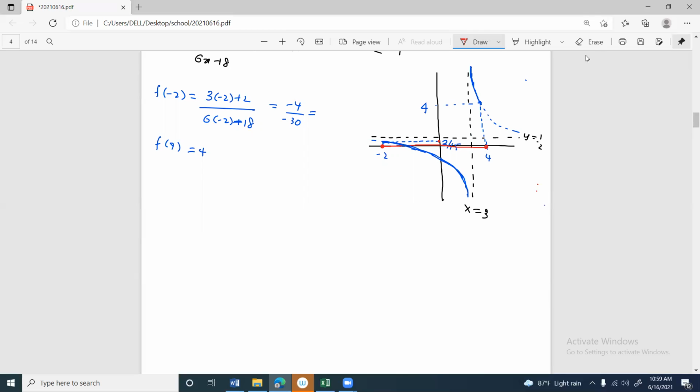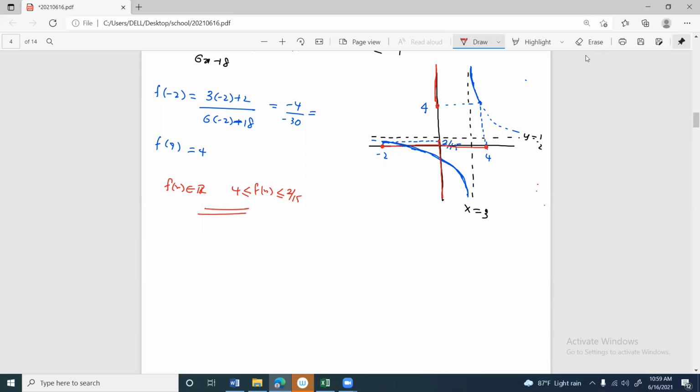When you come up over here, the y value goes like this. Therefore, you can say f(x) is any real number, and f(x) is less than or equal to 2 over 15. And from this shape, it goes up like this, so it should be greater than or equal to 4.